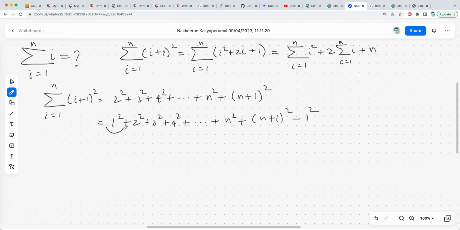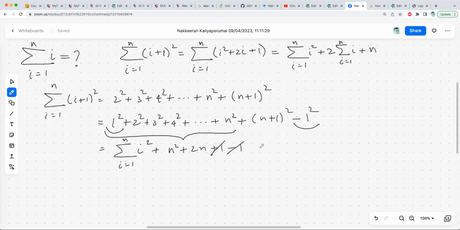Whatever we added, we subtracted. This will help us combine all this into the summation of i squared, i running from 1 to n, plus this (n plus 1) whole squared, which can be expanded outside the summation as n squared plus 2n plus 1 minus 1.